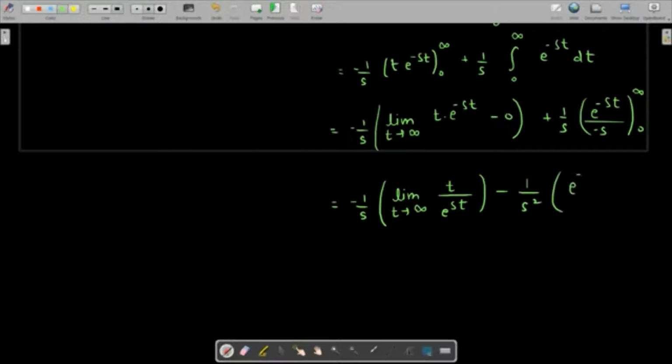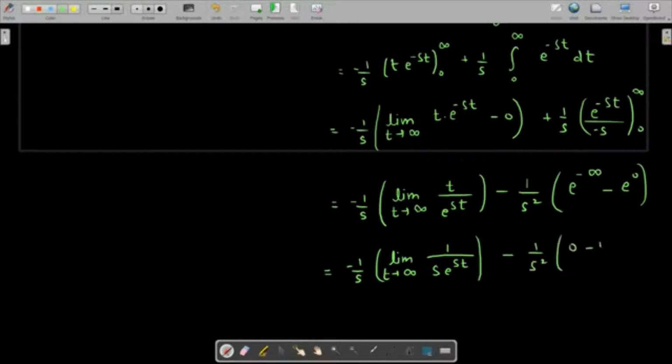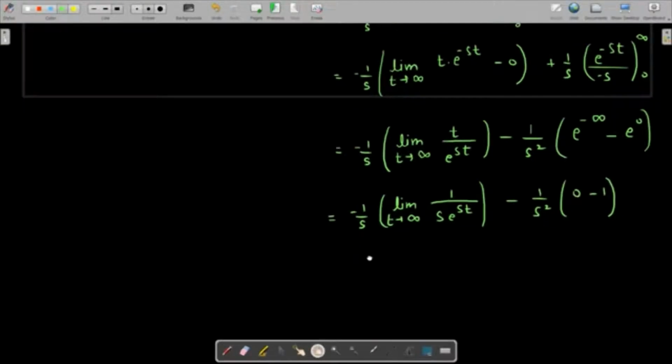If we place the upper limit, we have e raised to minus infinity, minus we have e raised to 0 over here as well. Now we use L'Hospital's rule, so the limit remains as it is. The differentiation of the numerator is just 1, and the differentiation of the denominator is s times e raised to st. Minus 1 over s squared, this is 0, and this is minus 1.